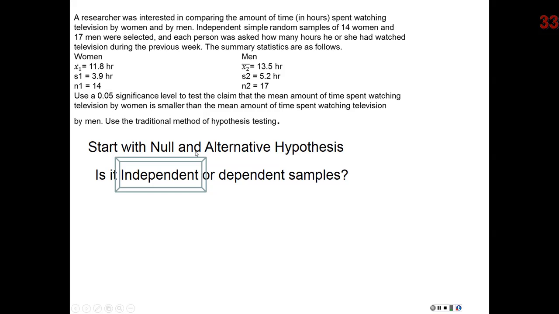Okay? Now it's independent because you have two different samples and they're not related to each other at all. Now the null is always going to be that they're both equal to each other. This is saying test the claim that the mean amount of time spent watching TV by women is less than that by men. That's your alternative right there.